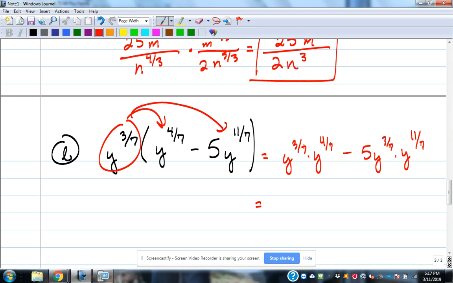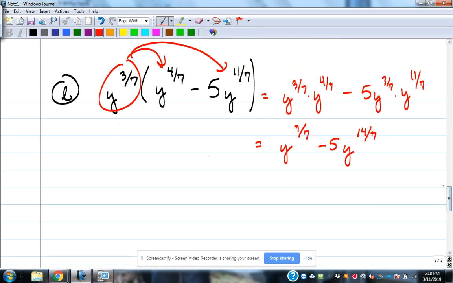So we have 3/7 plus 4/7, which would be y to the 3 plus 4 is 7, right? 7/7 minus 5, y to the 3 plus 11 would be 14/7. But those fractions will reduce nicely because 7 divided by 7 is 1, and 14 divided by 7 would be 2. And that ugly problem that we started off with turns into something that's semi-decent, a little bit more digestible.